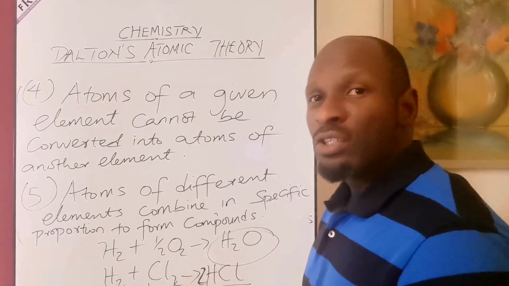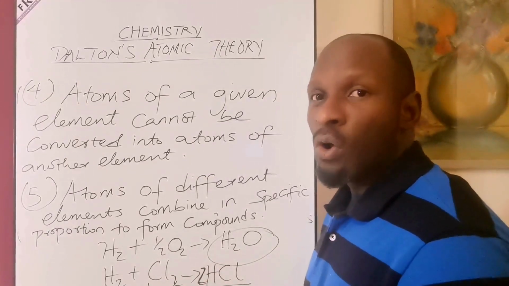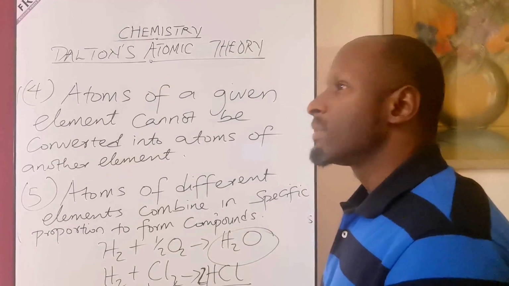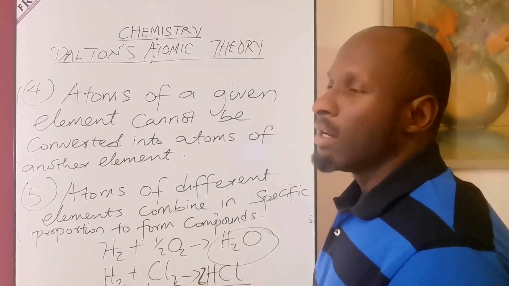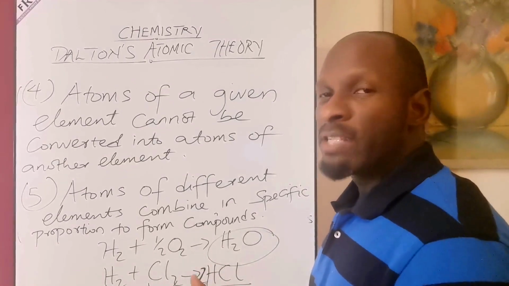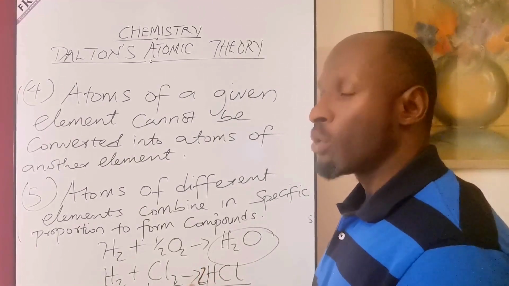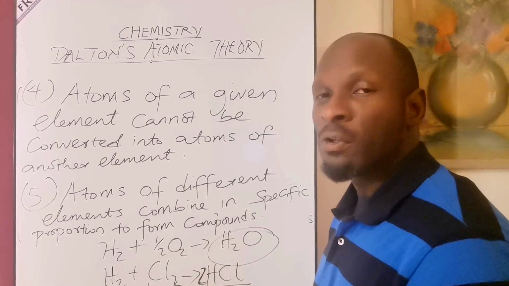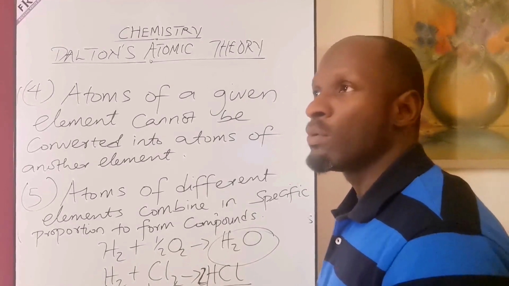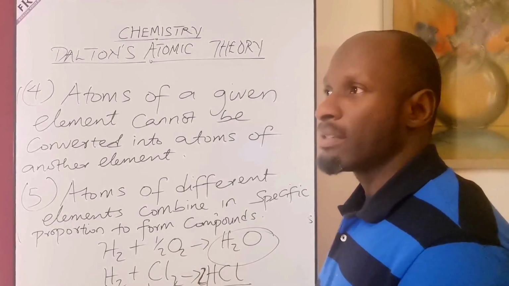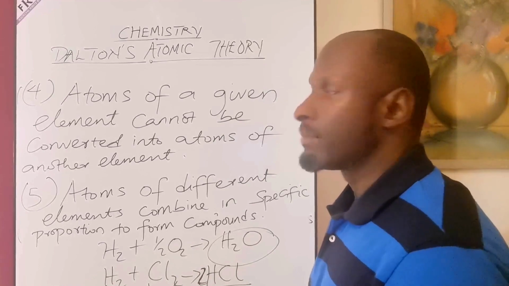Then that atom can neither be created nor destroyed. Okay? He also said that atoms of a specific element have the same properties, that is, they are identical in terms of properties. And I gave an example with the average mass and size.